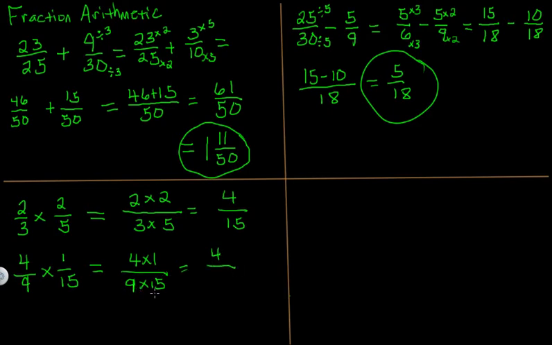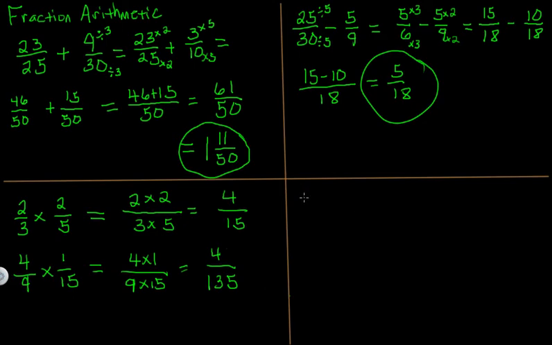This is 9 times 10 plus 9 times 5. 9 times 10 is 90. 9 times 5 is 45. 90 plus 45 is 135. All right, and so the answer here is 4/135.